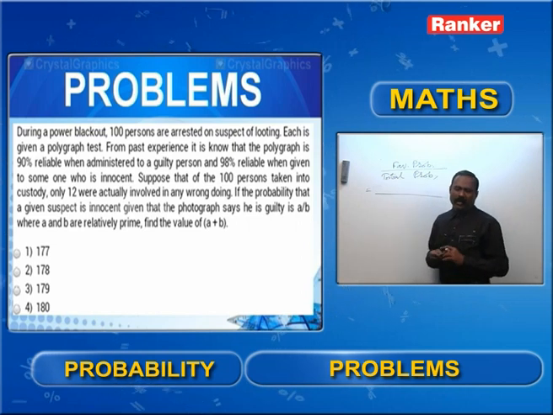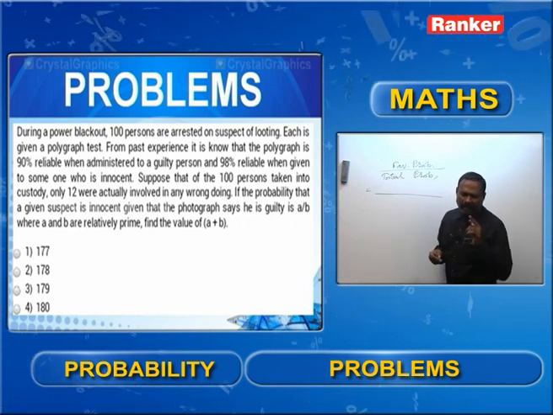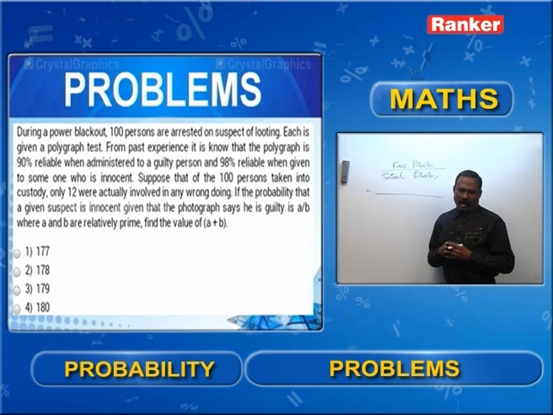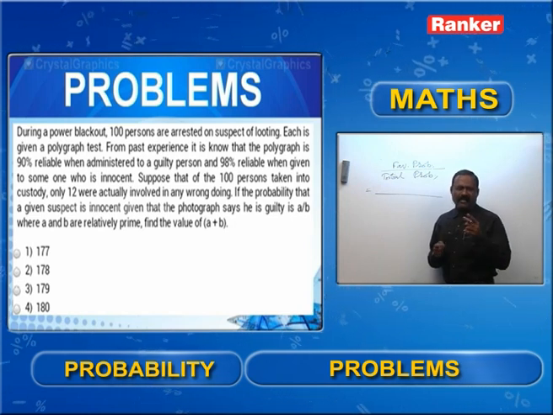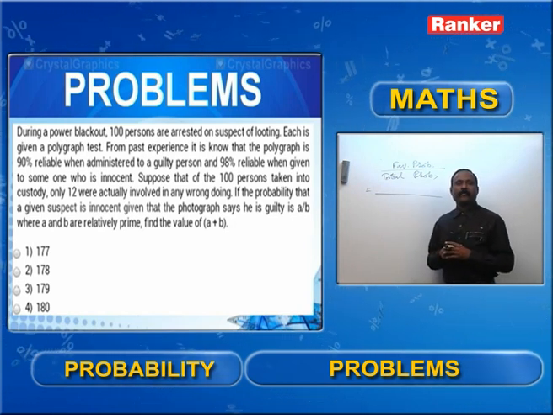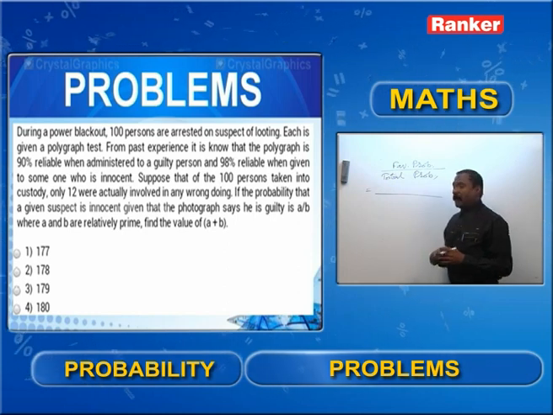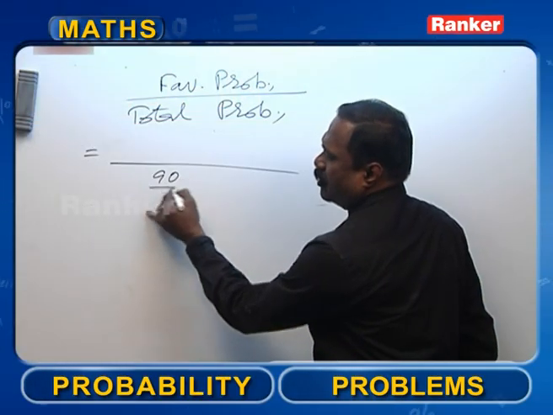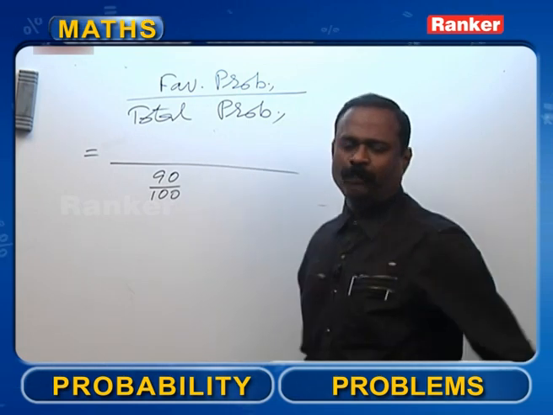So what is the probability here? Let us first write the guilty person. The polygraph is 90% reliable for a guilty person, so 90 by 100.